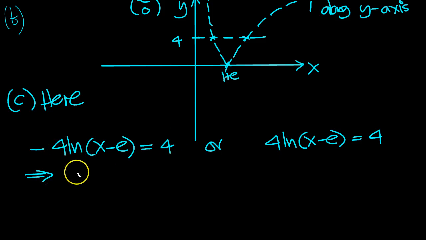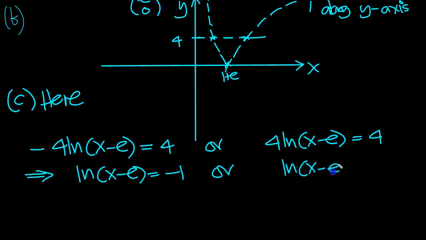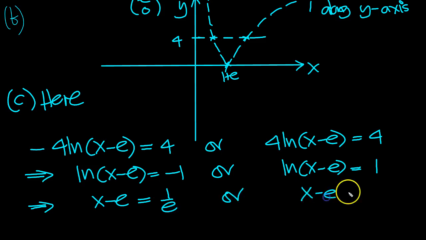So that tells us then, move this over, ln x minus e is equal to minus 1, or ln x minus e equals 1. Unwrap the log, x minus e is equal to e to the minus 1, there's 1 over e, or x minus e is equal to e.